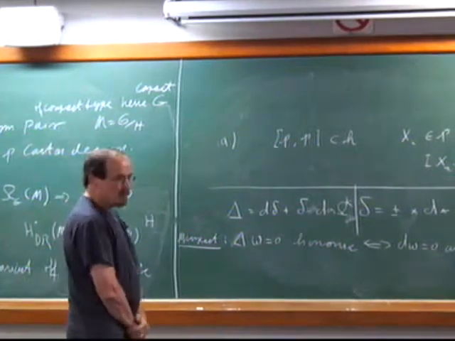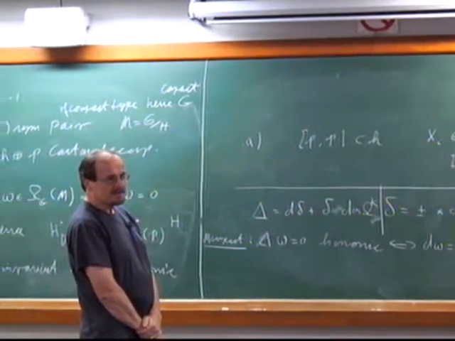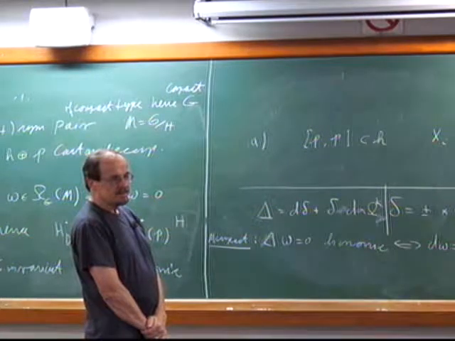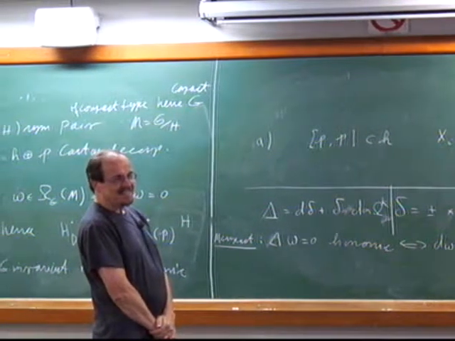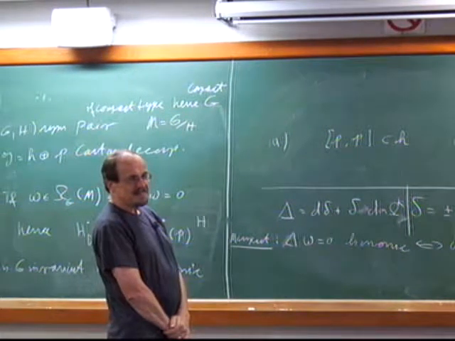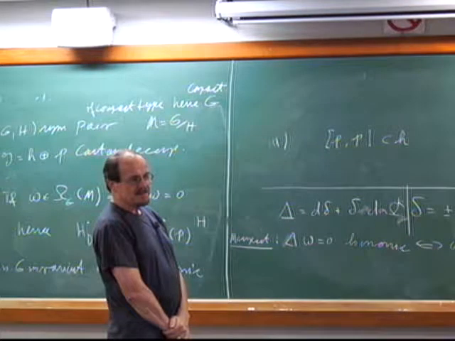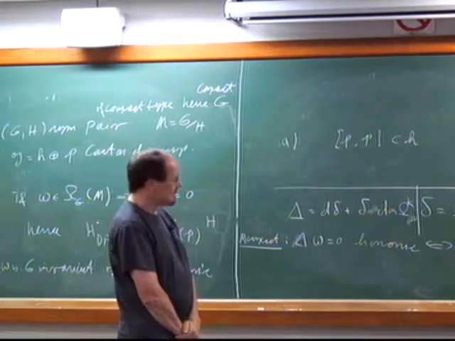What's another important property of harmonic forms in terms of the de Rham cohomology? In each class, there is one and only one harmonic representative. Exactly.